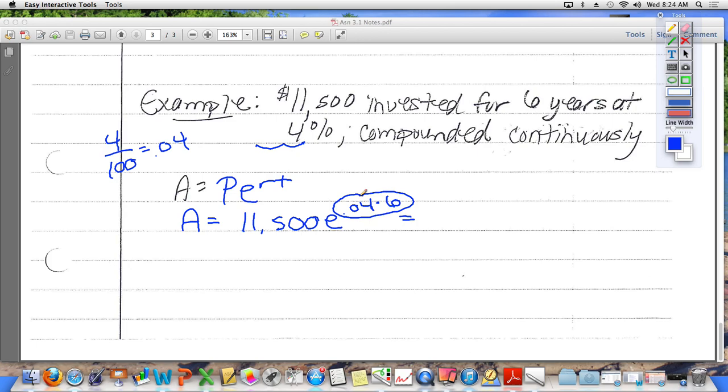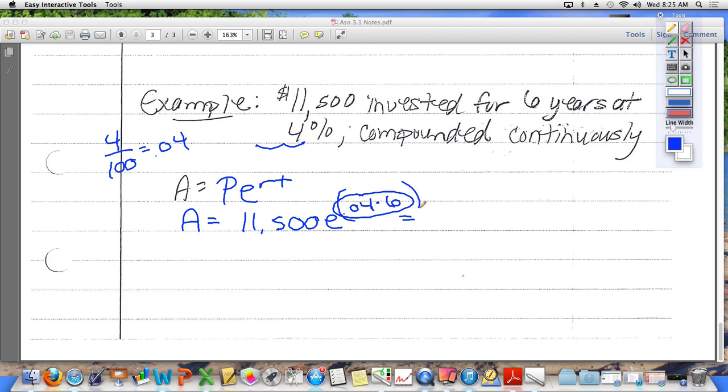Then do e. A power shows up, and then in parentheses, you could type in your 0.04 times 6. Or you can calculate this ahead of time and just type in what you're getting here. If I just have to multiply a number by the e value, you would do e to the power of 1. You would type in a 1 after it.